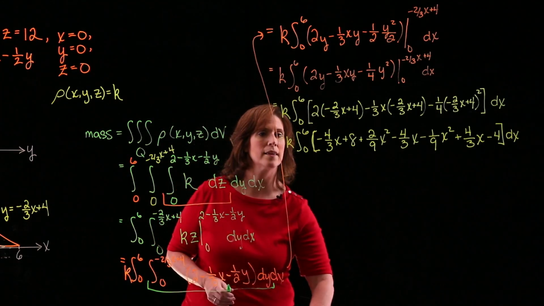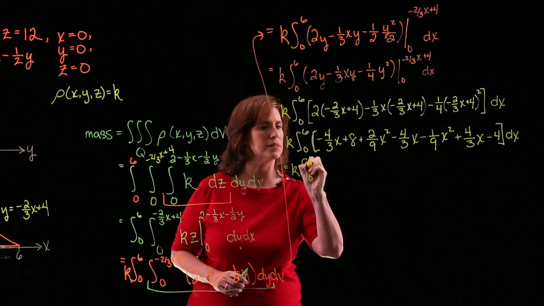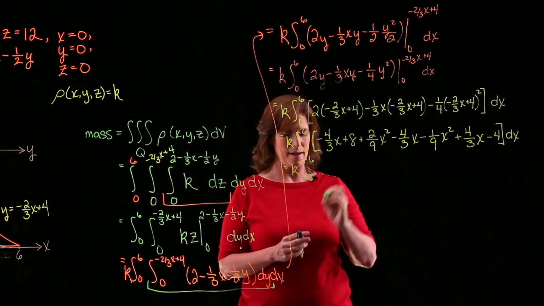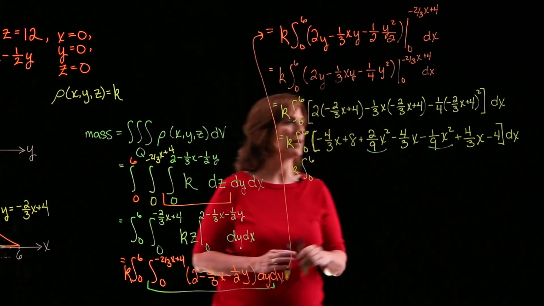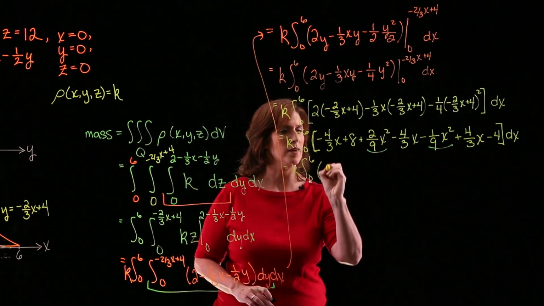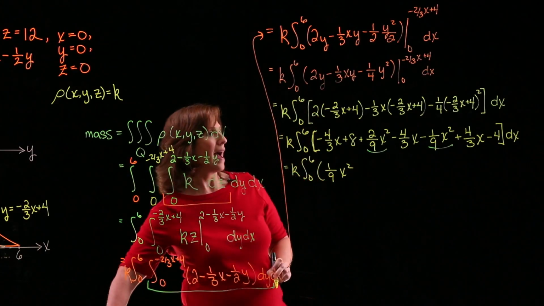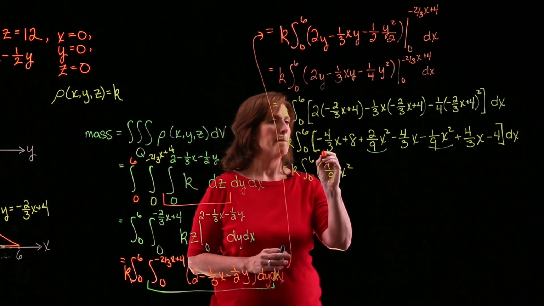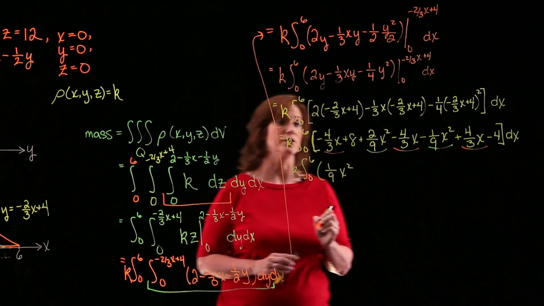Okay, so now let's go ahead and combine some like terms. I'll start with the x squared term. So I have k, the integral from 0 to 6. I have a 2/9 x squared and a minus 1/9 x squared. That's going to give me 1/9 x squared. I have a minus 4/3 x, another minus 4/3 x, and a plus 4/3 x.